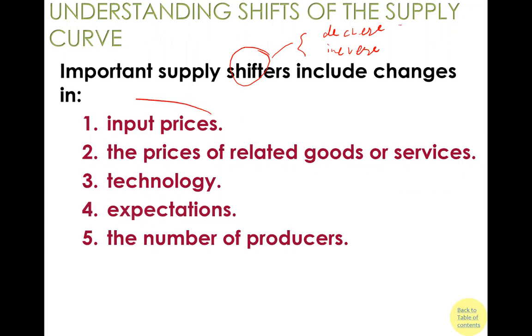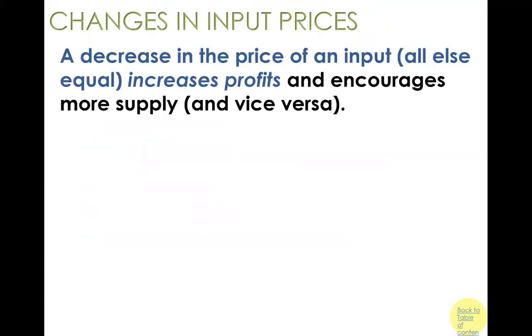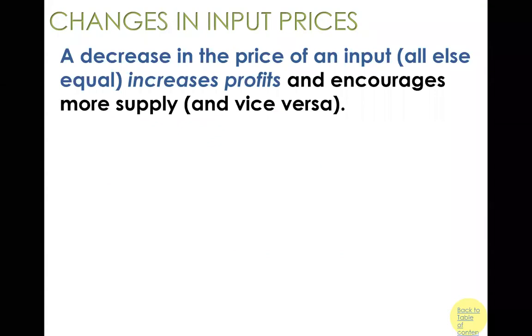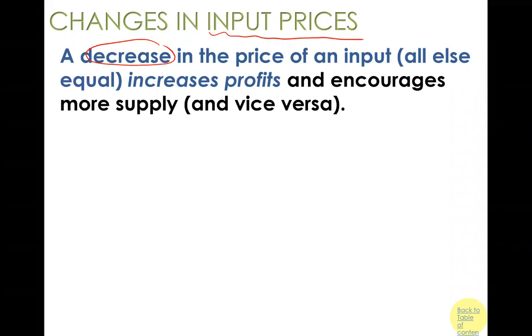Now start with the first one, input price. If there's a change in input prices, first consider a decrease. If there's a decrease in the price of an input, that is going to increase profit and encourage more supply.